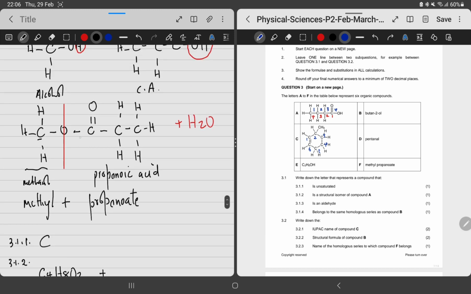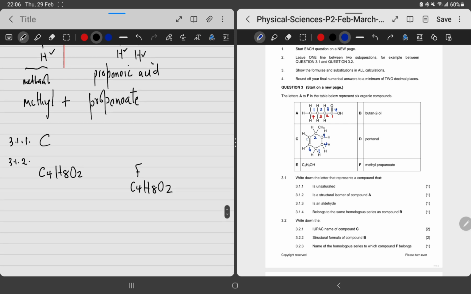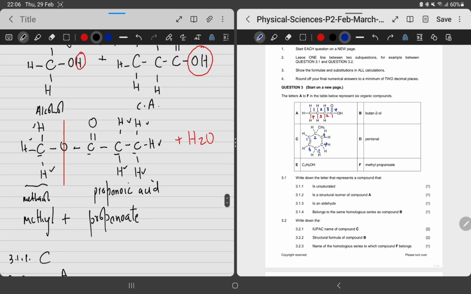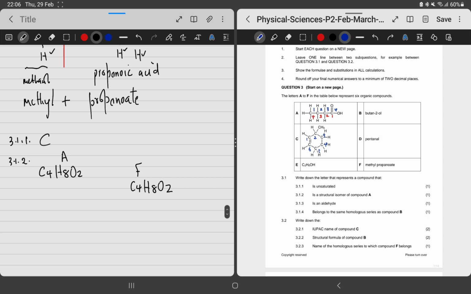You have 4. 1, 2, 3, 4. How many hydrogens do you have? You have 1, 2, 3, 4, 5, 6, 7, 8. And then you have 2 oxygens. So for F, you also have C4H8O2. So you can see that A and F have the same what? Molecular formula, but their structures are different. So the structural isomer of compound A is going to be F.